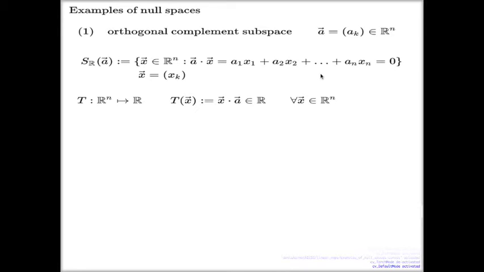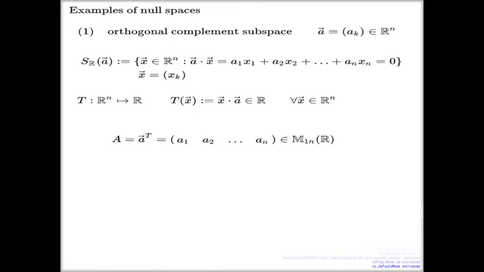I can say something like this. I can think of a dot product as a matrix product, as a matter of fact, isn't it? If I take a matrix capital A, which is a one row, n column matrix, and which consists of the elements of my A as columns.